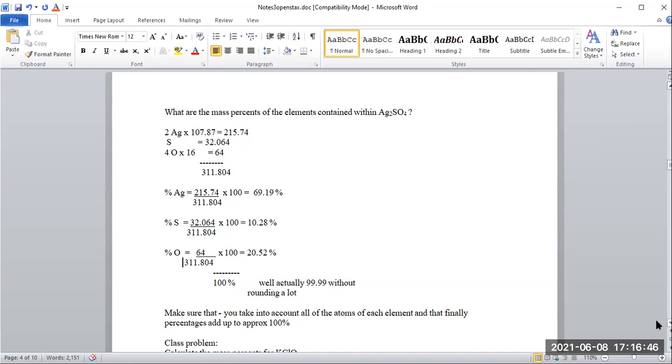Once you have done the division and the multiply by 100 step, adding all your percentages together, if you don't come out with at least something awfully close to 100, that is your tip off that there's a math error. If I added up my 3 values and I came up with 85%, I glitched something somewhere. Or I forgot one of the elements. It's a way to try to make sure you are minimizing any math errors that might occur.